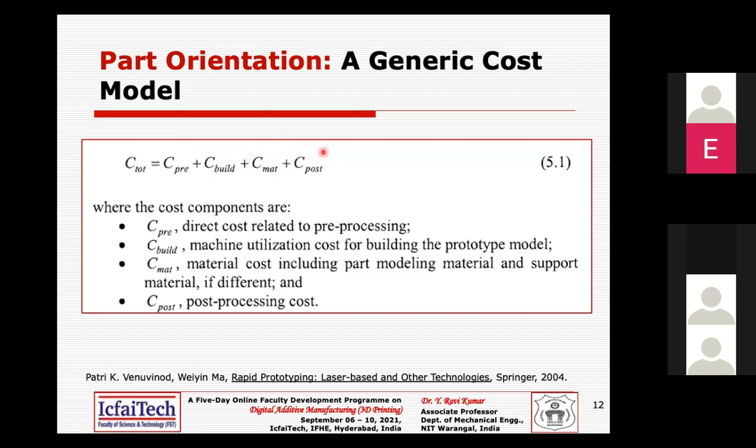And post-processing cost means after building, we need to remove the supports, or clean up the surfaces, and sometimes we need to use some sort of heat treatment process and so on. So that involves the post-processing cost. So the total cost consists of the pre-processing cost, building cost, material cost, and the post-processing cost.